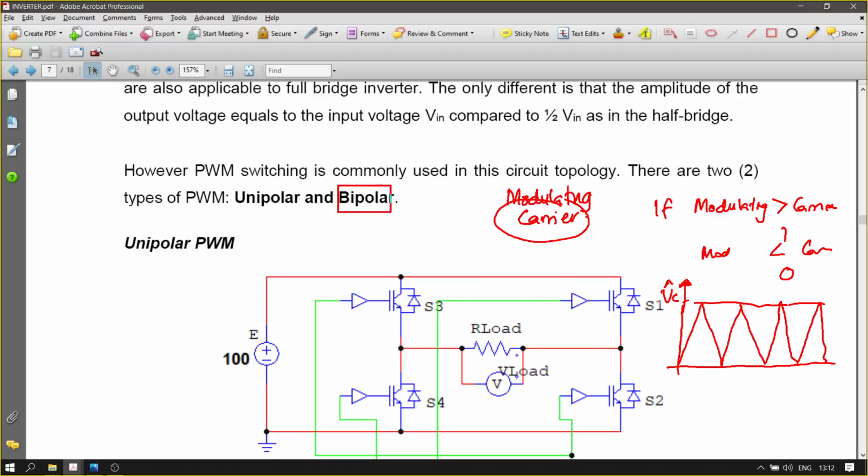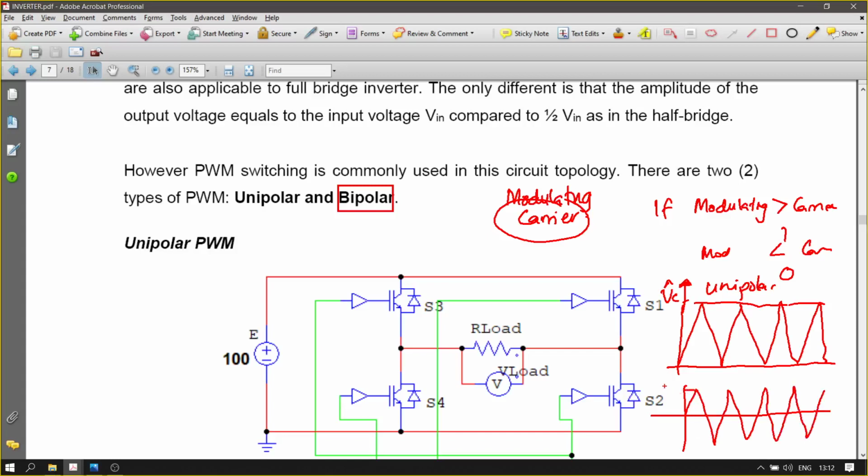So for bipolar, the triangular carrier signal consists of positive and negative values. This is the bipolar PWM.